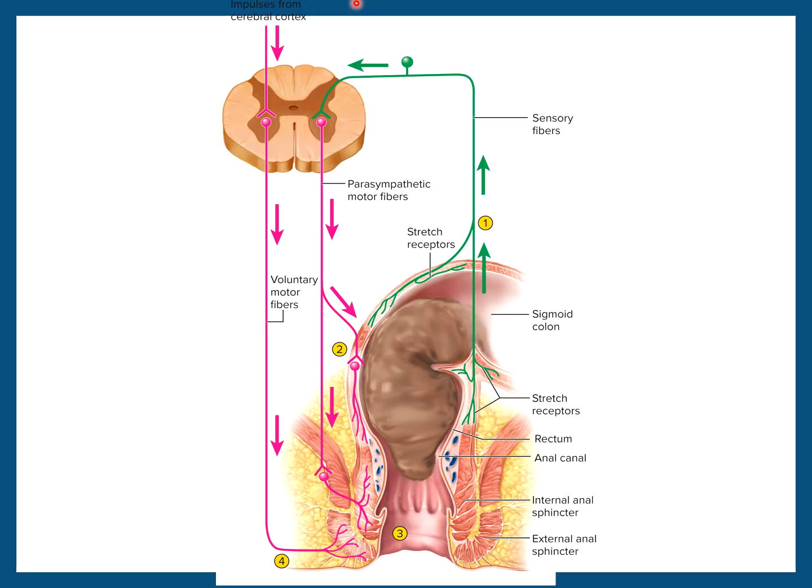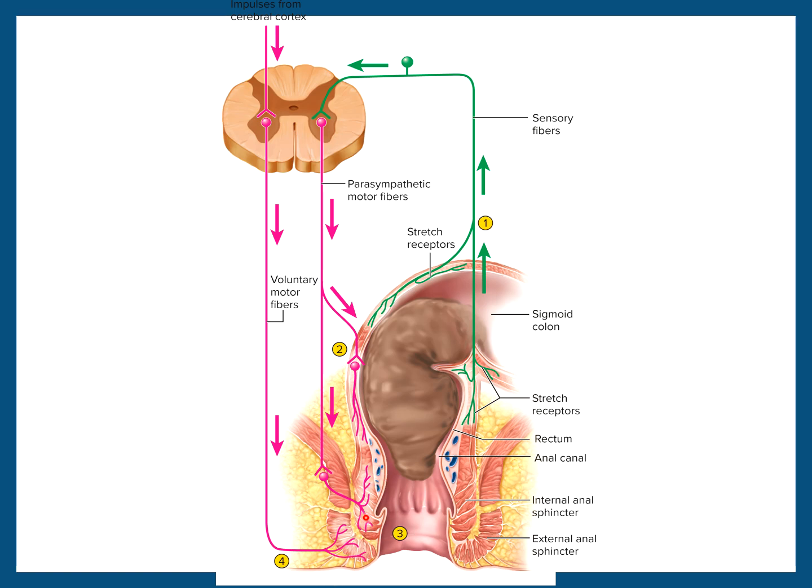The spinal reflex is going to stimulate contraction of the rectum. So if we follow that here to number 2, right, we're seeing here we're going to stimulate contraction of the rectum, and the spinal reflex at the same time over here is going to also relax the internal anal sphincter.